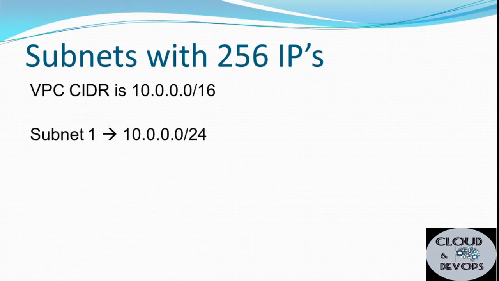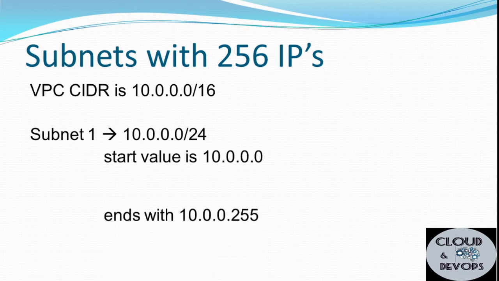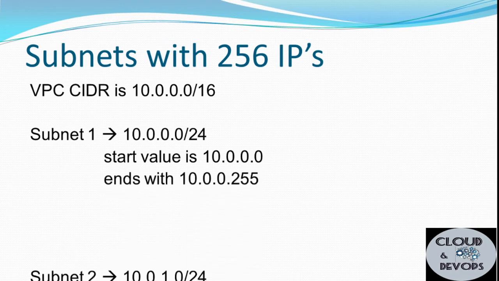In that case, for subnet 1, I can give the start value 10.0.0.0/24 to get 256 IPs. So 32 minus 24 is 8, and 2 power 8 gives 256 IPs. The start value is 10.0.0.0 and it ends with 10.0.0.255.